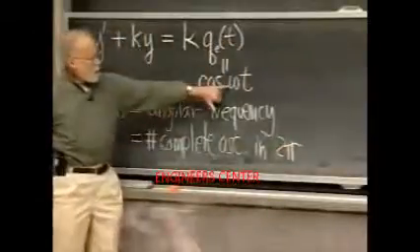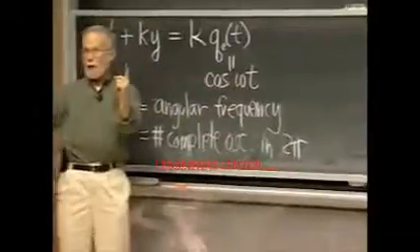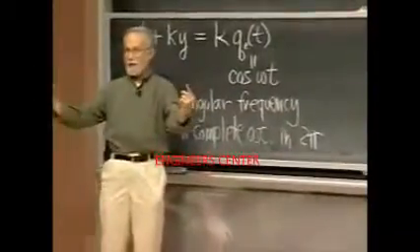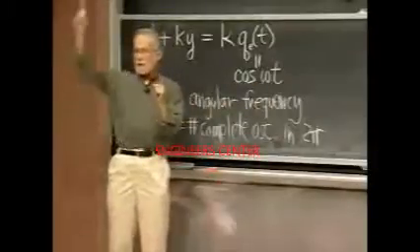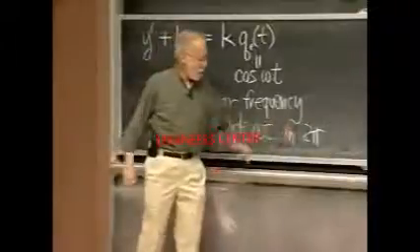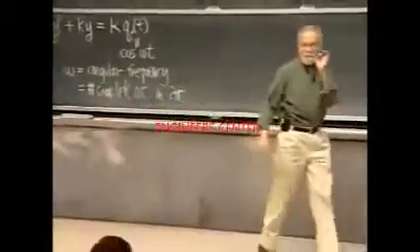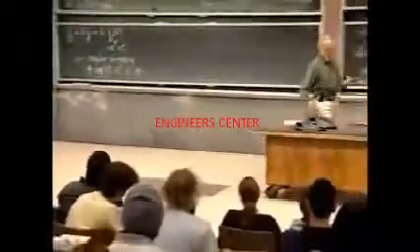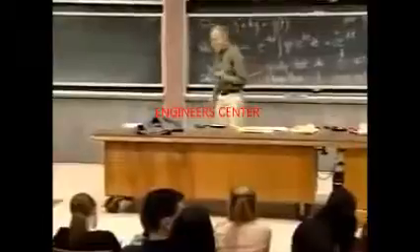For example, if omega is 1, cosine t takes 2 pi to repeat itself. If omega were 2, it would make 2 complete oscillations in the interval 2 pi. So it's what happens in the interval 2 pi, not what happens in the time interval 1, which is the natural meaning of the word frequency. There's always this factor of 2 pi that floats around to make all your formulas and solutions incorrect.